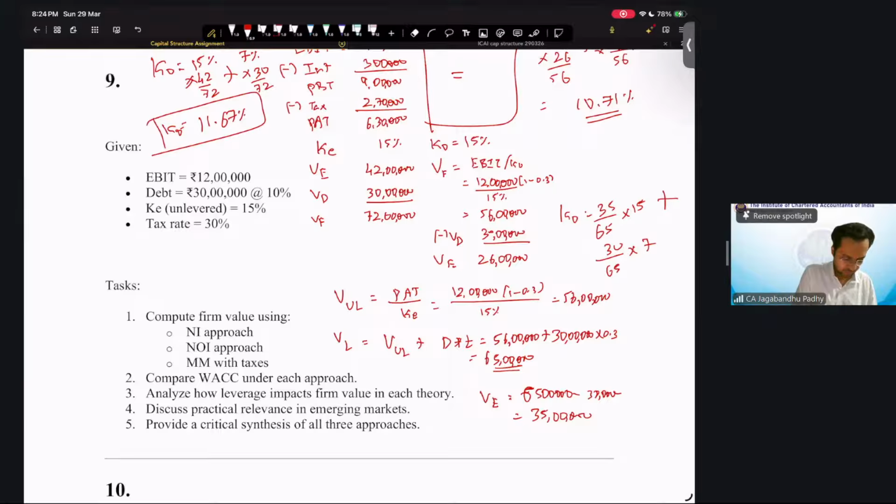So 15 into 35 out of 65 plus 7 into 30 divided by 65. That's 11.31%. All three are having different values of KO. One is 11.67, the second is 10.71, and in the Modigliani-Miller approach, it is 11.31.